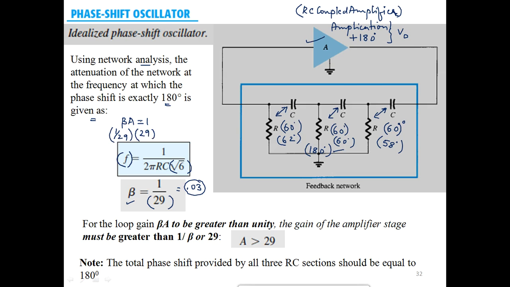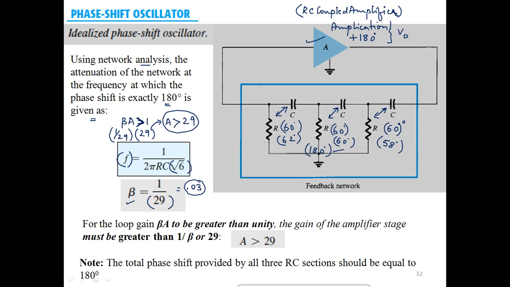And initially, for the oscillations to start, just beta into A equal to 1 is not sufficient. It should be greater than 1, because the oscillations have to begin. So to ensure this condition, again the amplifier gain must be greater than 29.